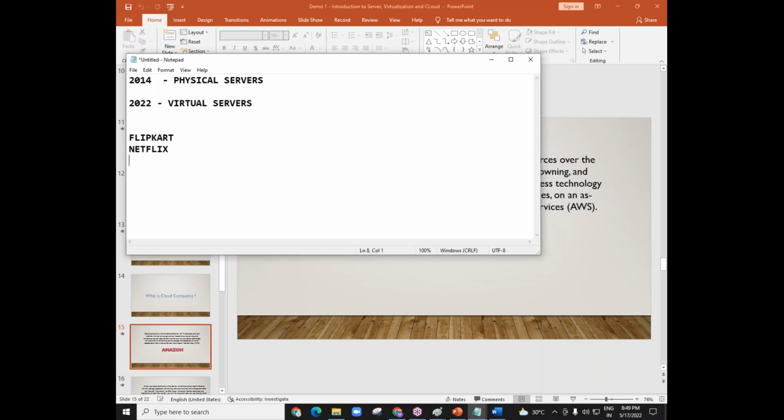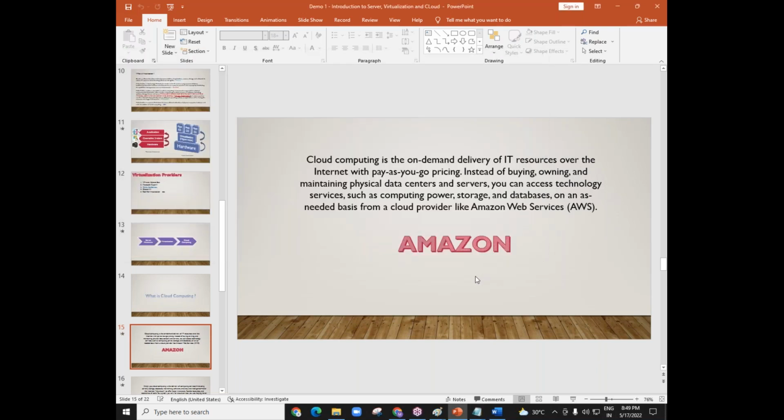But are they working on a physical machine? No, my friend, they are not working on a physical machine. These are only two very easy examples I am giving here, because we have been using these for many years now. They are working on the cloud. It means these applications are running on some Amazon cloud or Microsoft cloud or whatever. They are running there. So this is what cloud computing is all about.